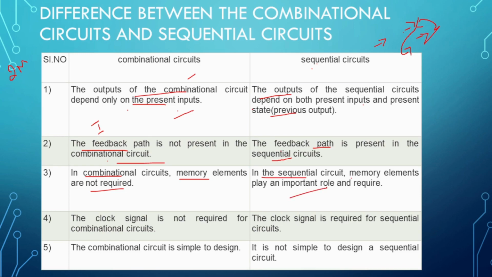The clock signal is not required for a combinational circuit, but it is required for a sequential circuit. The clock is an important part in constructing a sequential circuit. The combinational circuit is simple to design, whereas the sequential circuit is comparatively difficult to design.